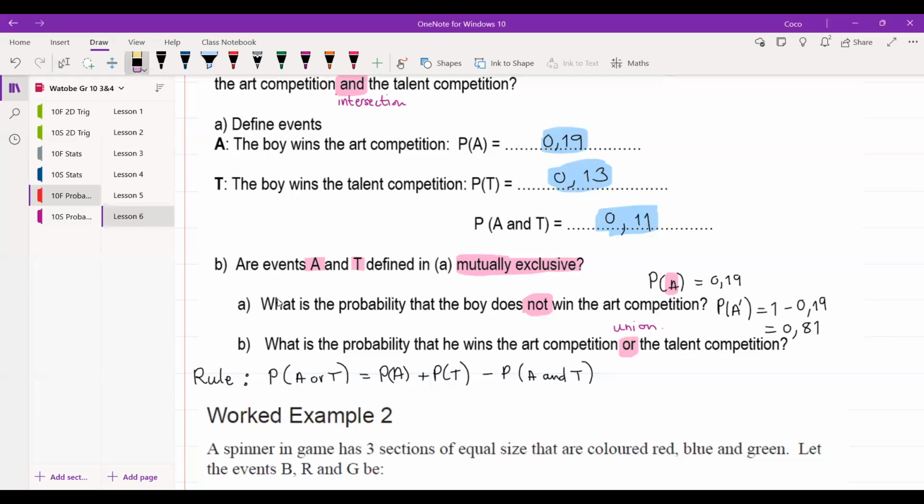Let's say you're playing a soccer match, and the probability of you winning the soccer match is 0.4. What is the probability of you losing if the probability of winning is 0.4? Remember, both of these probabilities add to 1.